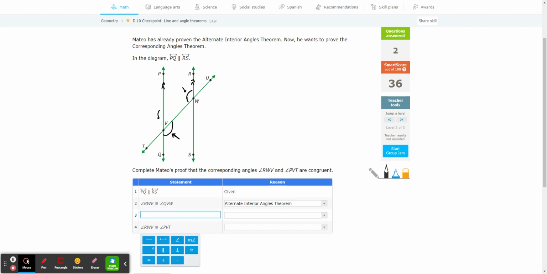And remember, with IXL, you need to be very careful to use the tools they give you here. So I'm going to say that angle PVT is congruent. It might need a space in there. I forget if it's picky about the space.